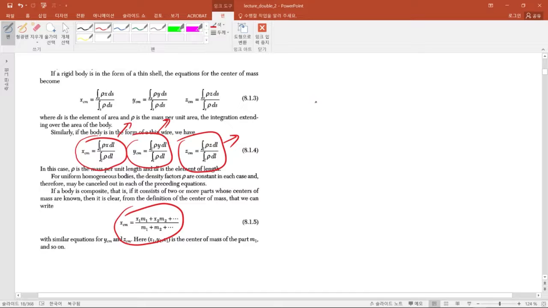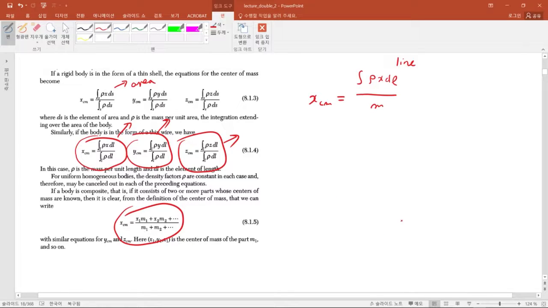So before doing that, let's remind ourselves of what is x center of mass: x M is the total mass over rho x dl for a line. This one is for area. Here S is area. For line dl, area dS.